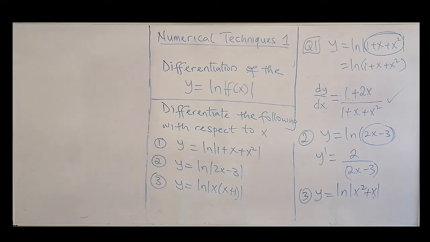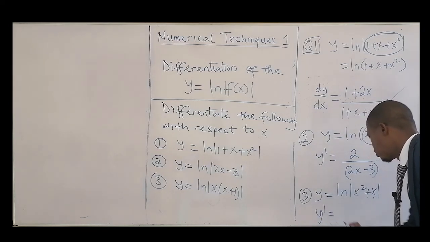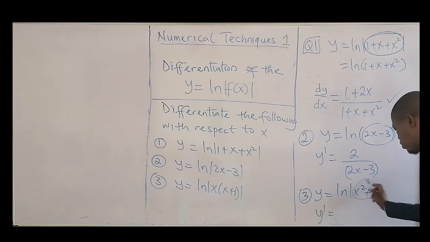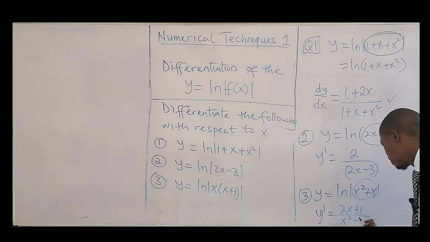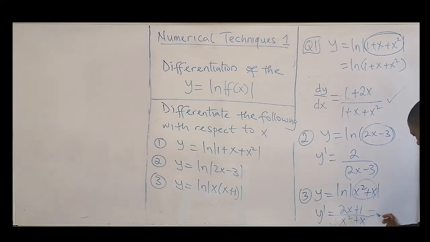Now can we do the differentiation? dy/dx will be equal to the derivative of this function, which will be 2x plus 1 all over the function itself. So that's that. If you like, you can factorize it back as you have it in the question.